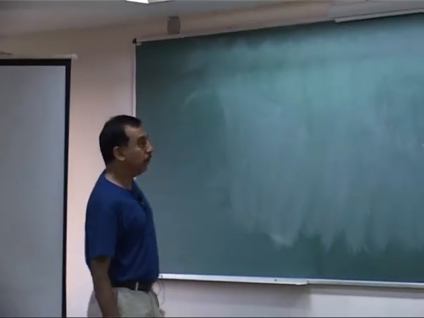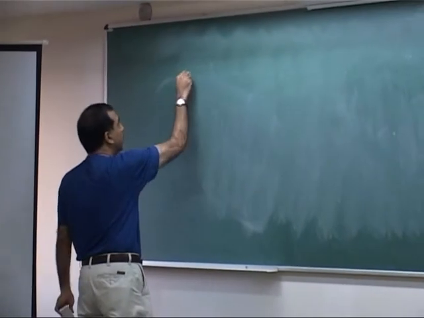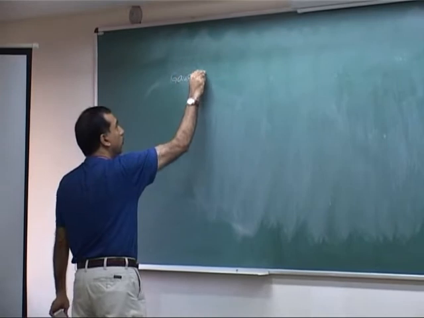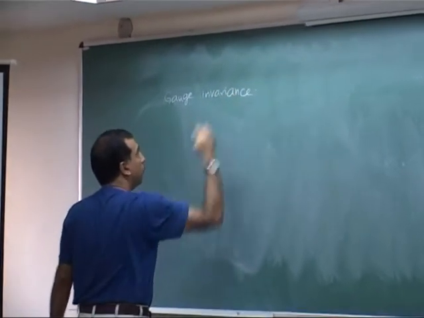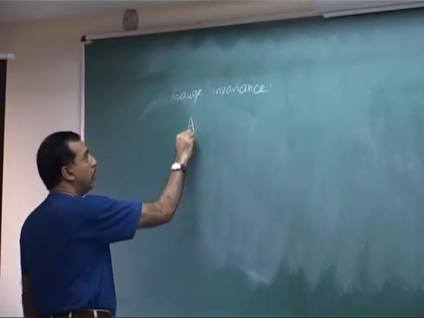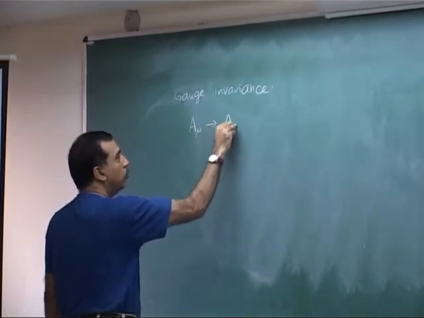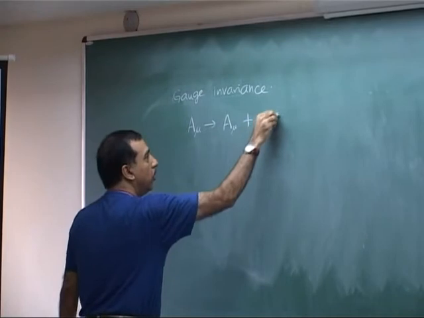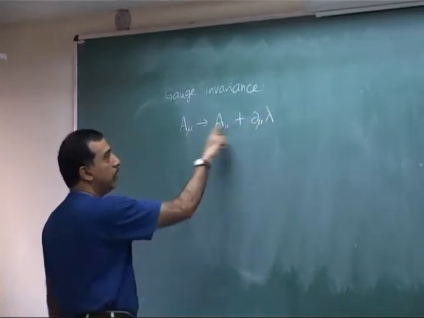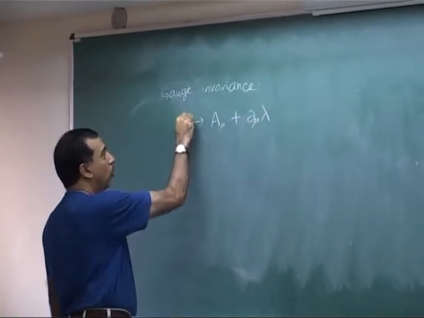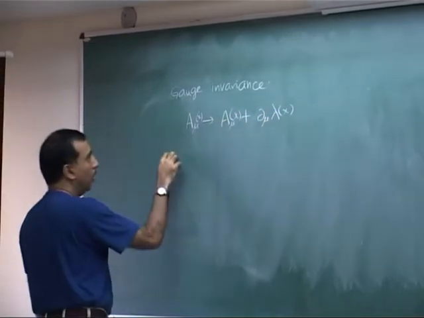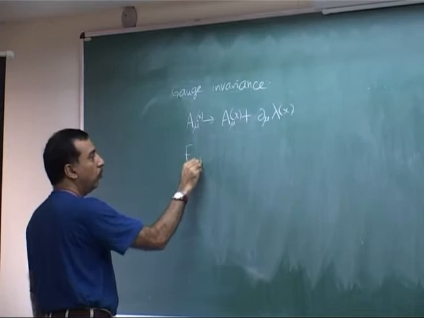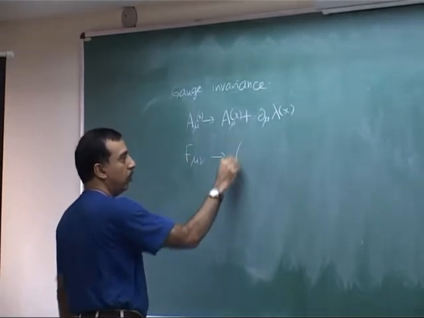The key property is gauge invariance, which I'm sure you have heard of and even worked out perhaps. Under A mu goes to A mu plus del mu lambda, where everything depends on all four coordinates of space-time, F mu nu goes to what?